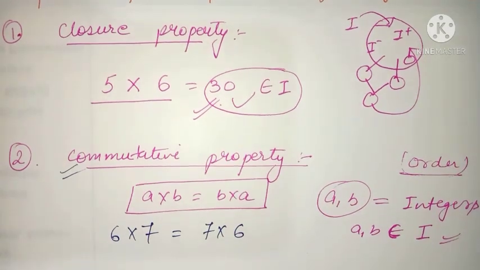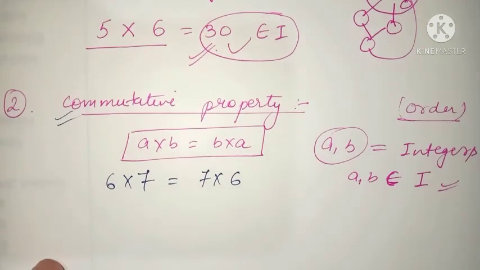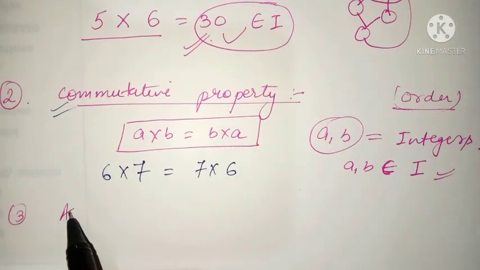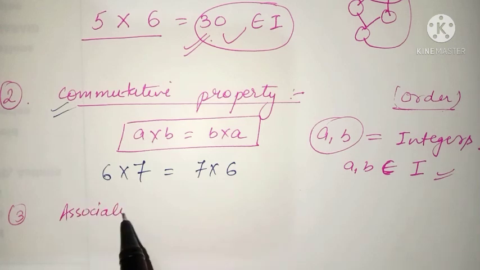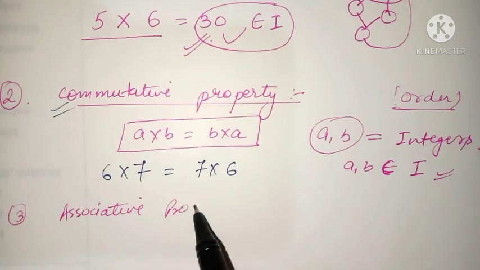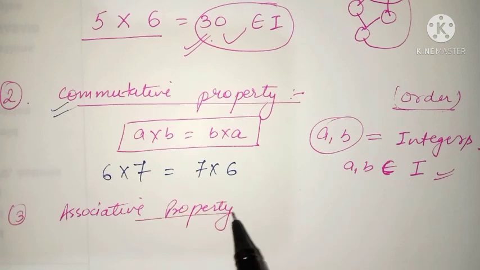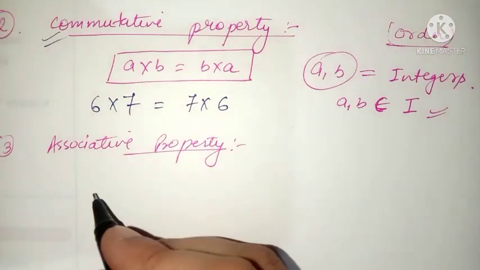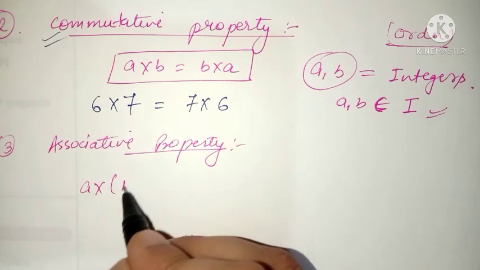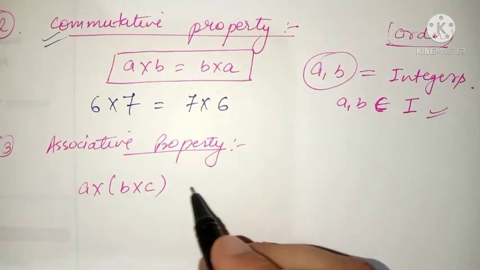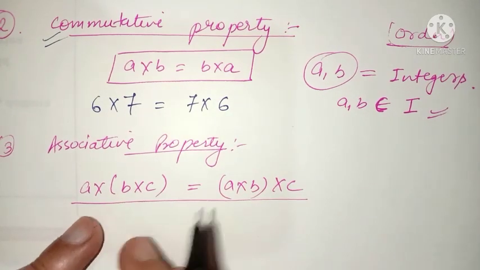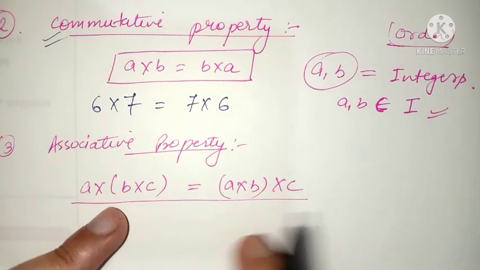Now we shall move over to our third property, which is the associative property. This property is given as a into (b into c) is equal to (a into b) into c.